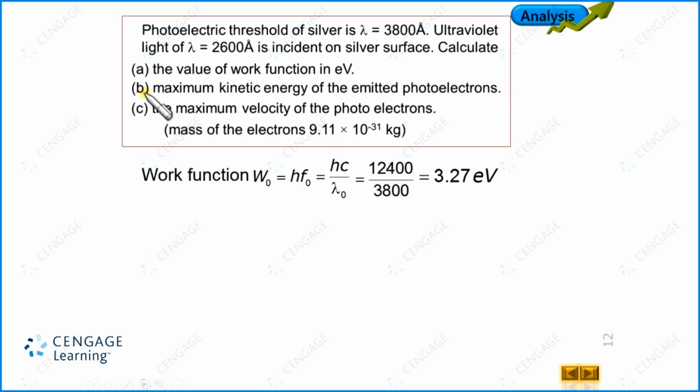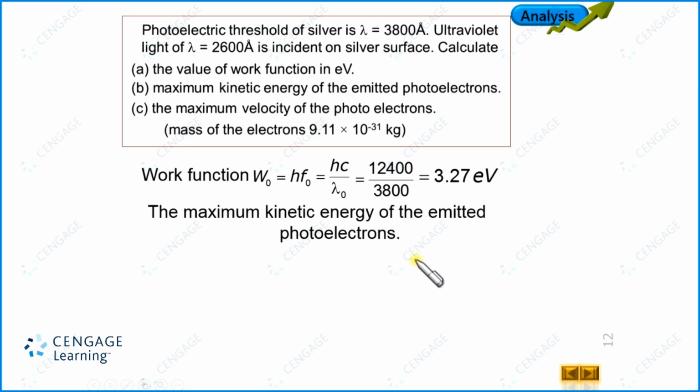Now let us move to calculate the maximum kinetic energy of the emitted photoelectron. For calculating this value, we need to apply the Einstein photoelectric equation. K max, the maximum kinetic energy of the emitted photoelectron, is equal to the energy of the incident radiation minus W naught.